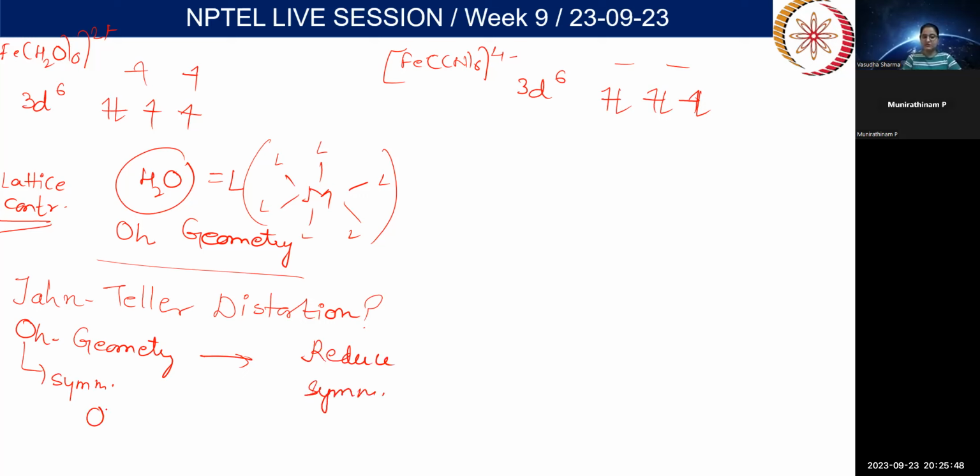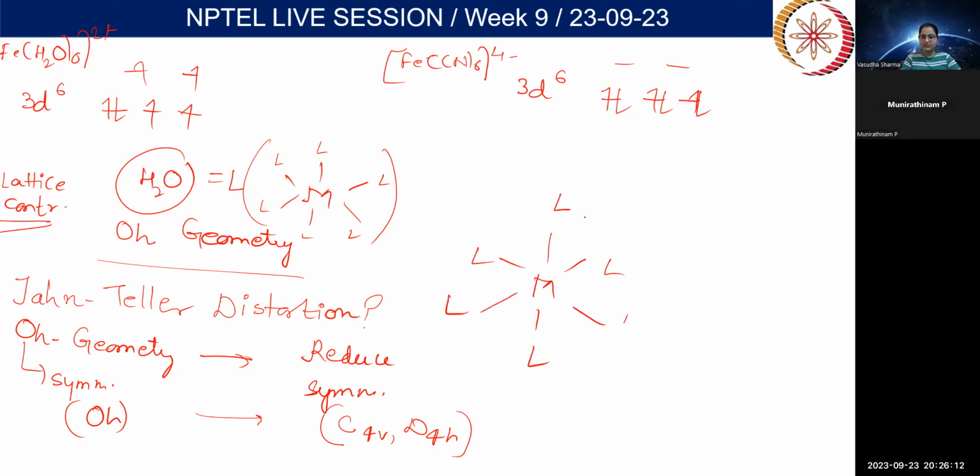For example, we saw in group theory, octahedral can go to lower symmetry like C4v, D4h, these kinds of symmetry, that means tetragonal, or square planar. So because of the Jahn-Teller distortion, it goes from one symmetry to another symmetry. What happens here? When we have a metal in this particular form, the ligands on this side we call axial ligands, and in the plane we call them equatorial ligands, right?